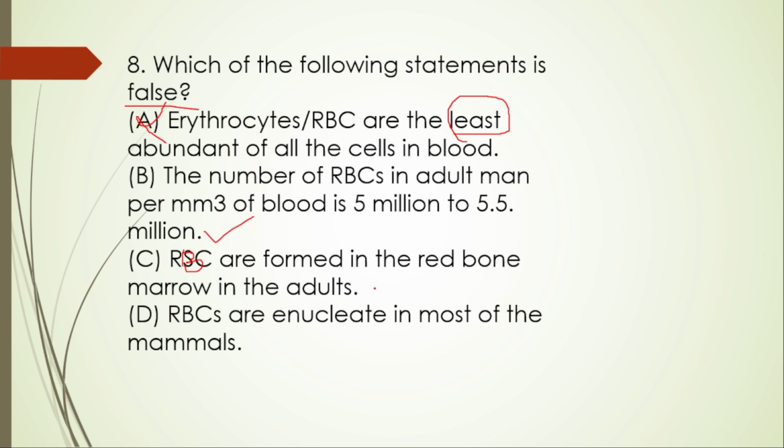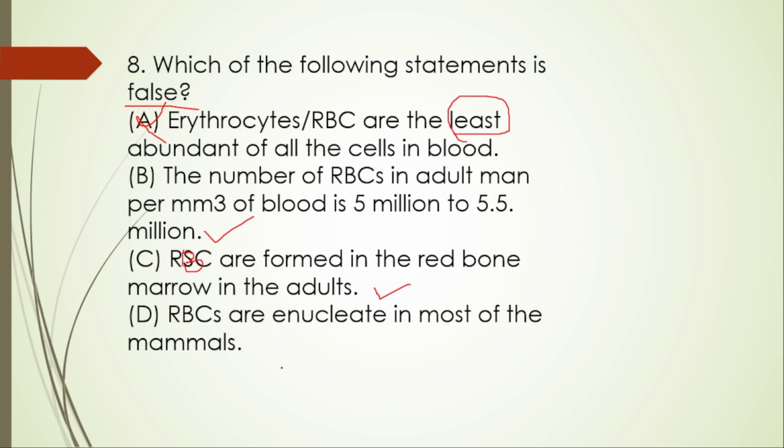Yes, of course this is true, because red bone marrow is the primary site of hematopoiesis, that is blood cell formation in adults. Next, D, RBCs are enucleated in most of the mammals. Yes, of course this is true.